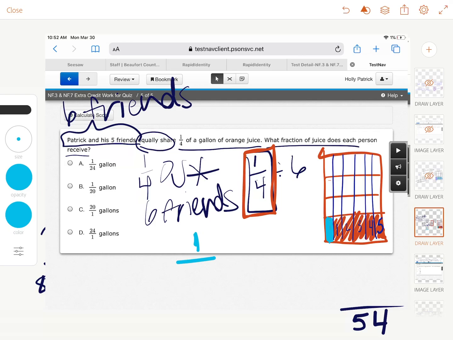But in order to figure out my fraction, I have to look at it as a whole and not just a piece. Okay, which means I need to look at all of my squares. So 6, 12, 18, and there are 24 equal parts. So that's going to be my denominator. So my answer would be 1/24 gallon.